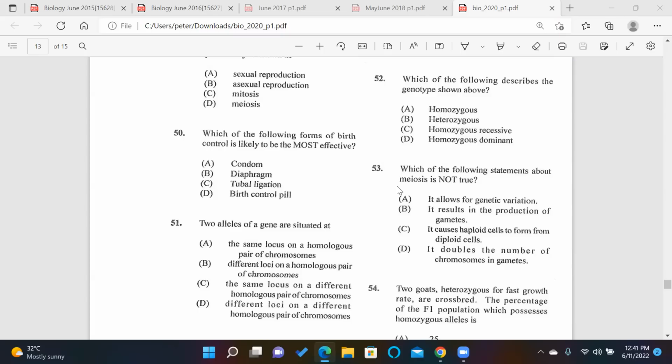The cutting of the ovary. Yeah. So if you cut it, it's going to be very hard for the egg to be able to get into the uterus to be implanted. It's not the ovary, it's a fallopian tube.